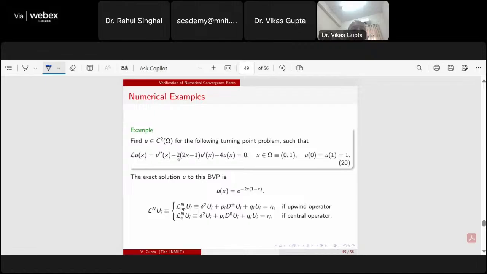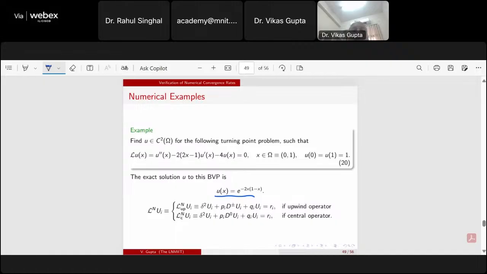And if x is greater than 0.5, this term is positive. So it means that the convection coefficient changes its sign, so it is a turning point problem. The reaction coefficient q(x) equal to minus 4, that is negative. In that case, the exact solution is given by this function.